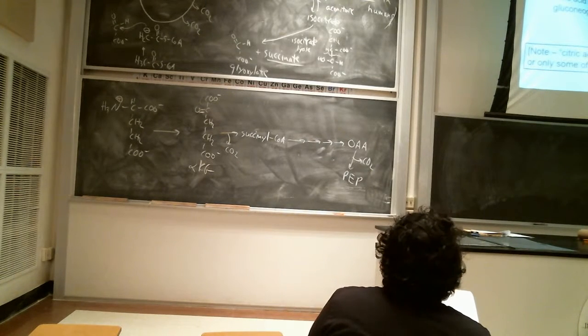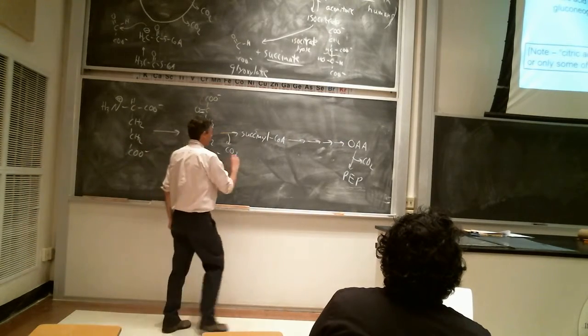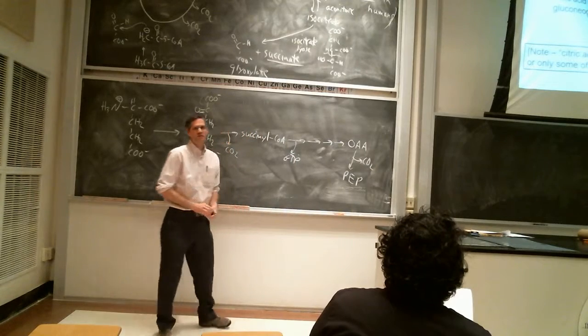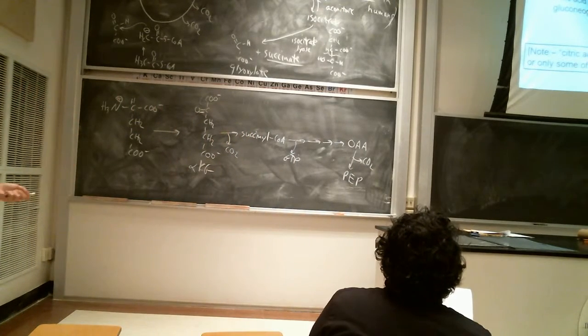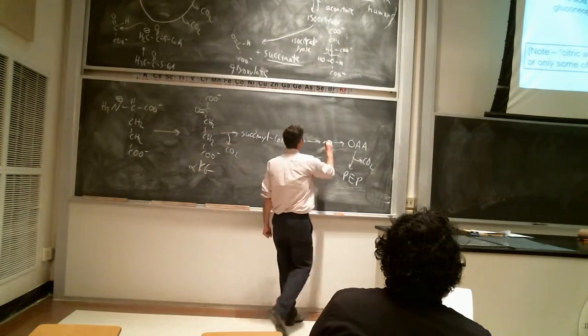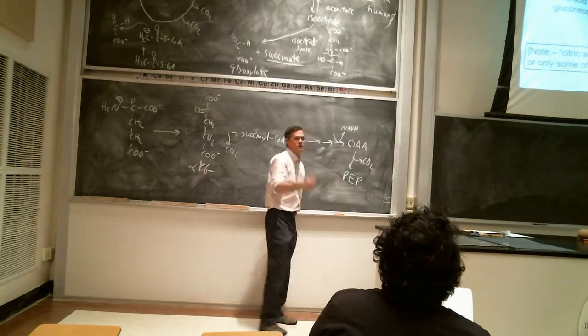For example, pyruvate carboxylase, you have to use an ATP, right? You don't need any ATPs to get you here. In fact, you can get one here. So that's the potential advantage of this. Now, you get an NADH, which is good too, because you need the NADH to make the glucose.